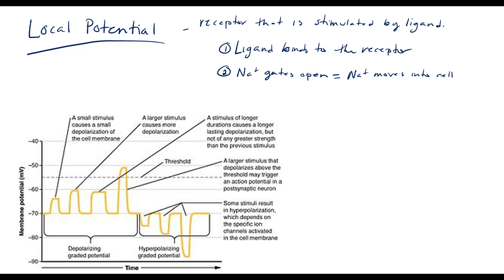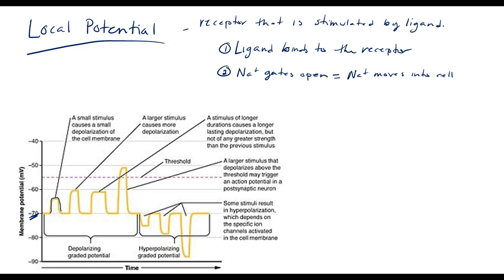And because sodium is a positive ion, it's going to cause the cell to go from negative 70, which is the normal resting potential, up. It's going to cause the potential of that cell membrane to go up, which means it's going to become less negative. So the inside of the cell is becoming less negative than the outside, hopefully that makes sense.